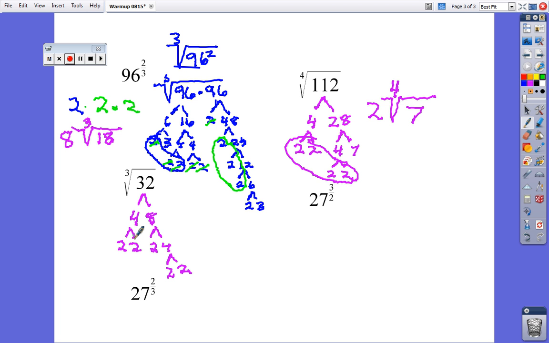So here we've got 4 2's. Well, actually, I'm sorry, it's cube root, isn't it? So I can just pull out these 3 2's. And that's 2 times 2 times 2, or 8. What's left behind is the 2 times 2, or 4. So the 4 we can't pull out because we're looking for a cube root. So our answer here is 8 times the cube root of 4.